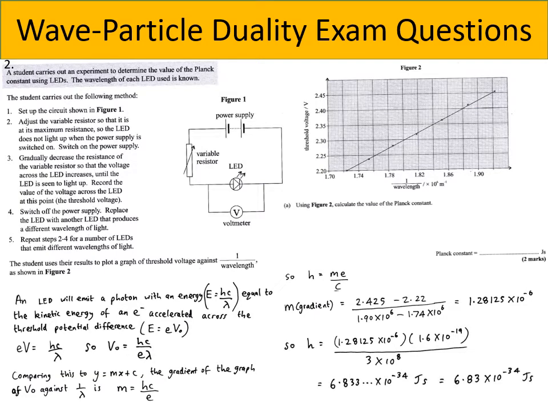And that gives me a value for Planck's constant as 6.833 continued times 10 to the power minus 34 joule seconds, which I can write to three significant figures as 6.83 times 10 to the power minus 34 joule seconds. Okay, now that's my Planck's constant.